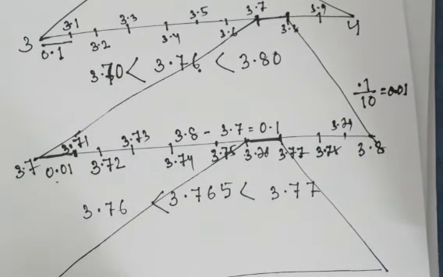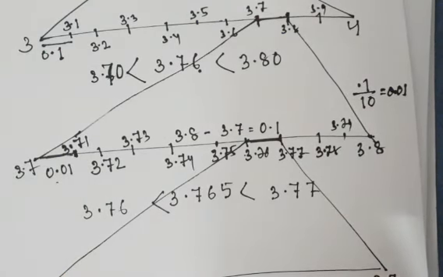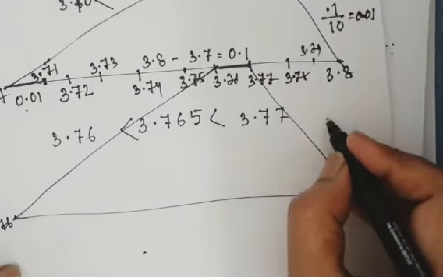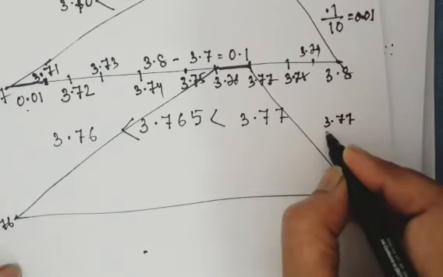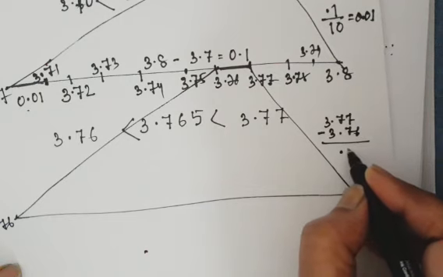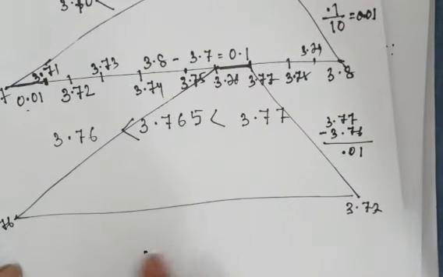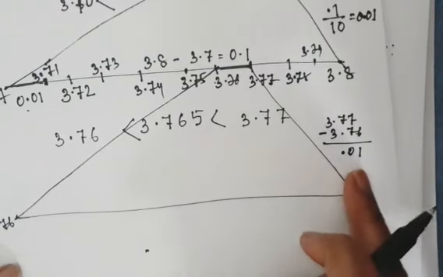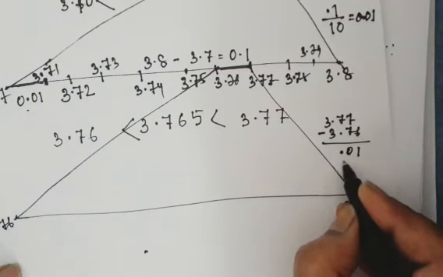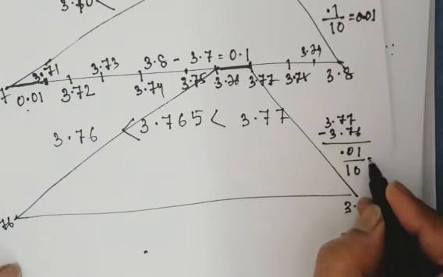If this is your 3.76, this is your 3.77. Again the length of this line segment is 3.77 minus 3.76, that is 0.01. Now let us divide it into 10 equal parts.